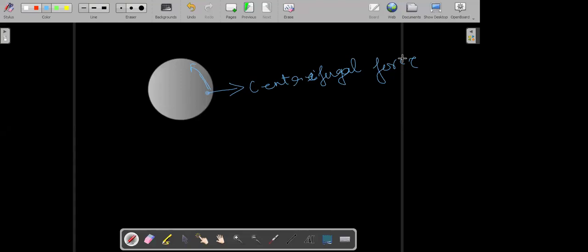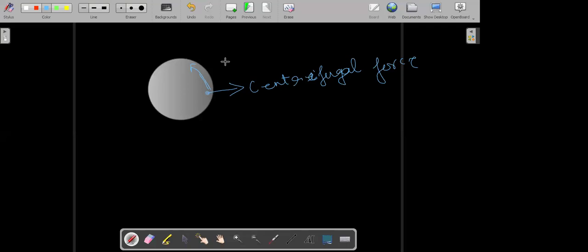Now this method or principle is used in the separation of substances by revolving them at high speeds. If we revolve the substances at very high speeds, they will experience centrifugal forces, and the centrifugal force depends on the mass of the substances.